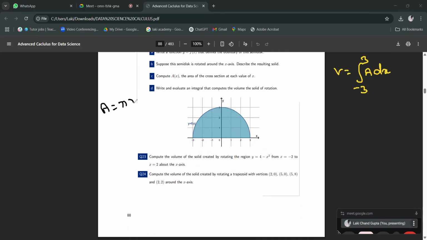Pi r square. And area of half circle? Pi r square over 2, right? Semicircle or half circle?